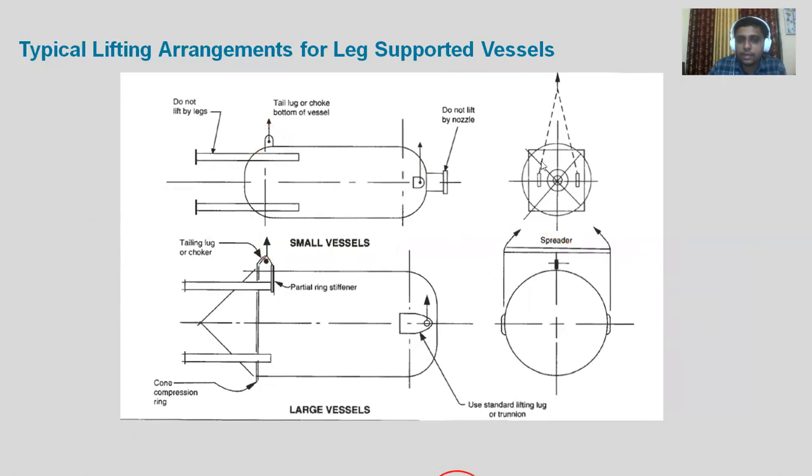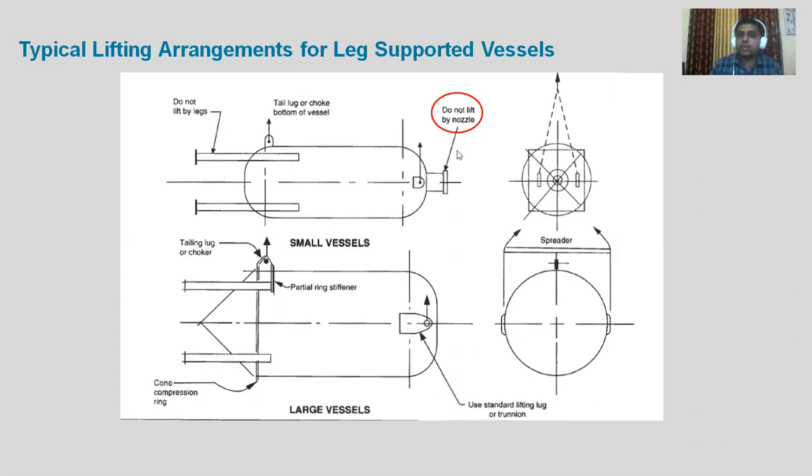Now in the shop, even though we are providing the lifting lugs, there are some practices followed by the contractors or shop workers: instead of engaging the lifting lugs in the lifting process, they usually take the help of the nozzles.